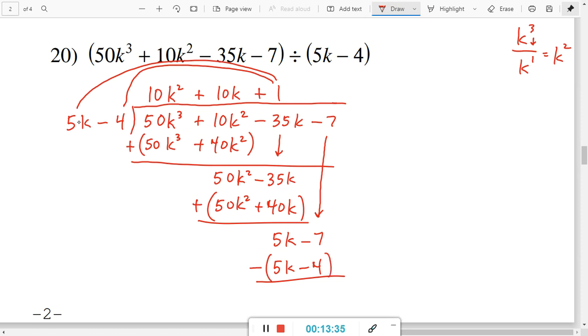Subtract this whole thing. 5k minus 5k is 0. And negative 7 minus negative 4. The two negatives make it positive. Negative 7 plus 4 is negative 3. Okay, there's nothing left to bring down, so that negative 3 is the remainder.